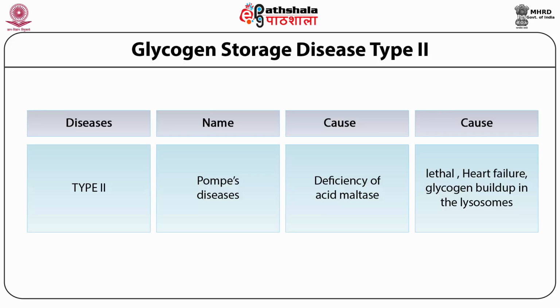Lysosomes are found in almost all types of tissues. This will affect the functioning of all major organs, particularly the cardiac tissues. Pompe disease is a deficiency in the lysosomal 1,4-glucosidase, also known as acid maltase, which causes a buildup of undigested glycogen in the lysosome.